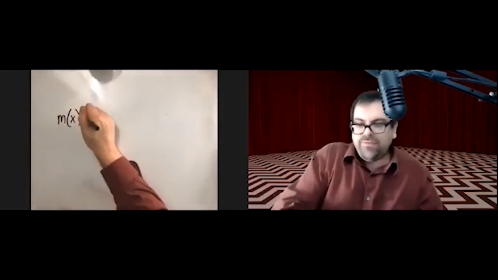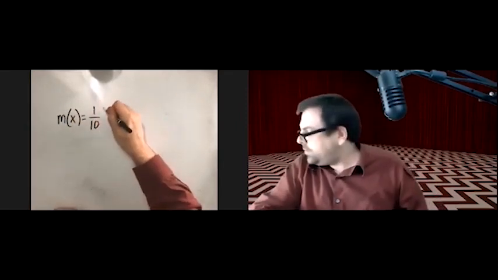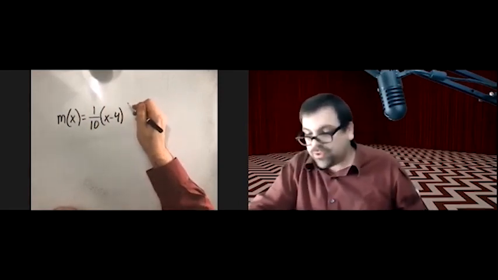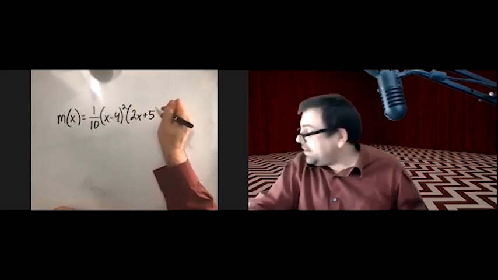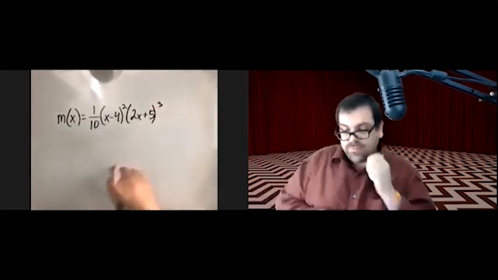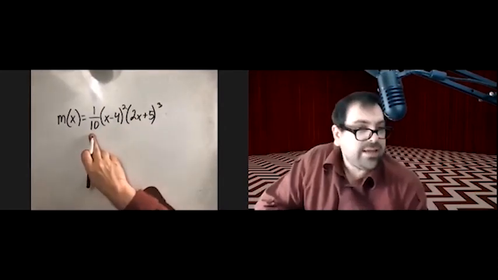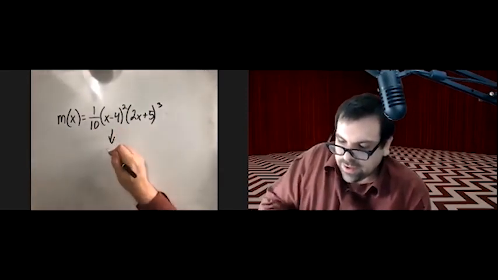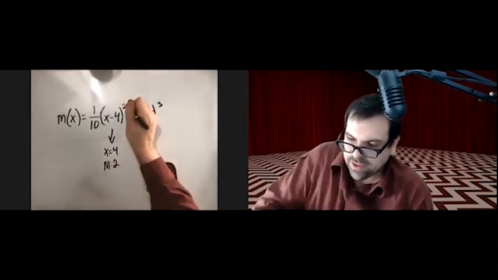So if we had m of x equals 1/10 times x minus 4 squared times 2x plus 5 cubed, the zeros we would get from this, we wouldn't get anything from the 1/10. We'd get x equals 4 with a multiplicity of 2.